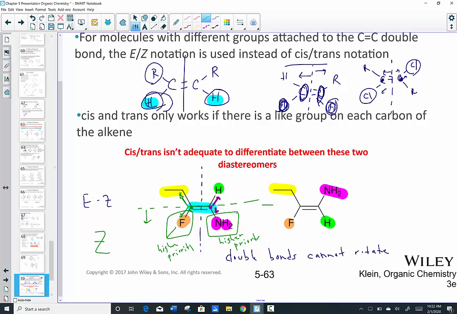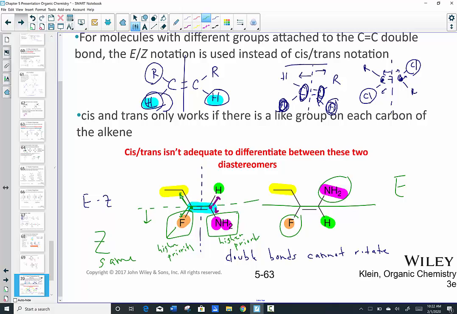And on this side, here is the plane of the double bond, and these are on the opposite side. Higher priority are on the opposite sides. If they were on the same side, they were given the Z configuration. If they are on the opposite sides of the plane of the double bond, they get the E conformation, opposites.